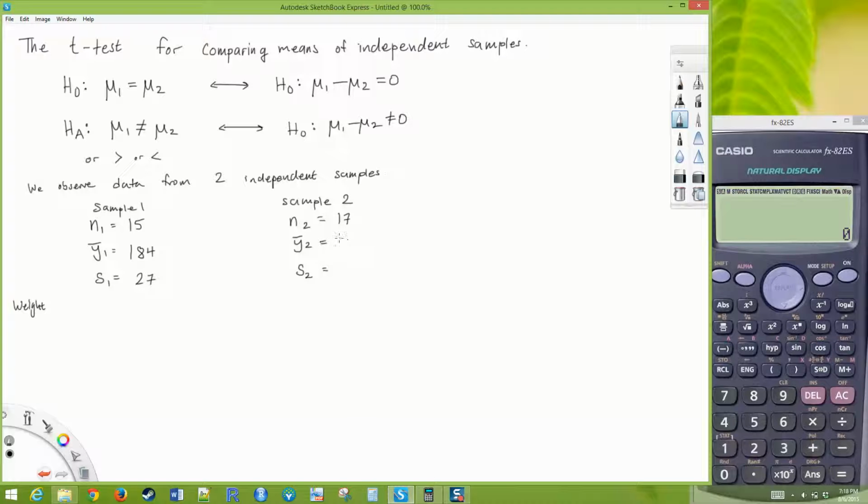And for the women, we'll say it's 160 with a standard deviation, maybe that's high, I don't know, of 24. I'm making up these numbers. I have no idea.